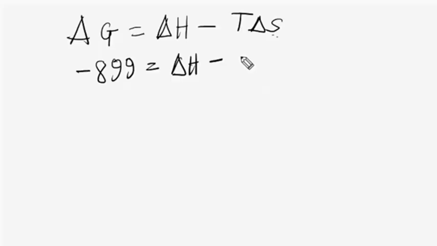So that will be 25 plus 273 is 298. So this will be 298 Kelvin. So remember that your temperature has to be in Kelvin. If you have a temperature in degrees Celsius, you have to convert it to Kelvin. So this will be multiplied by the entropy, which is 10 joules per mole per Kelvin.